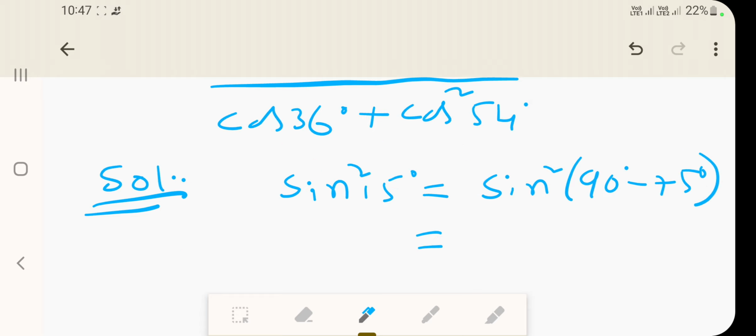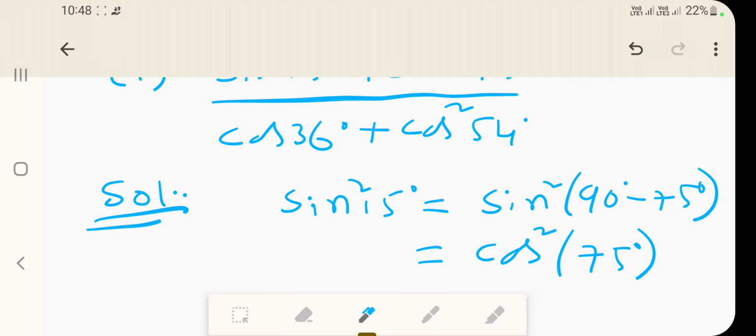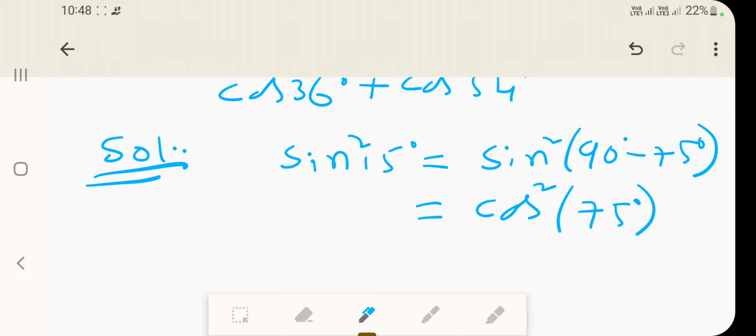This is of the form sine 90 minus theta, which can be written as cos theta. Here we can write it as cos square 75.